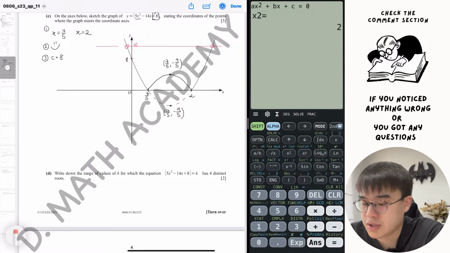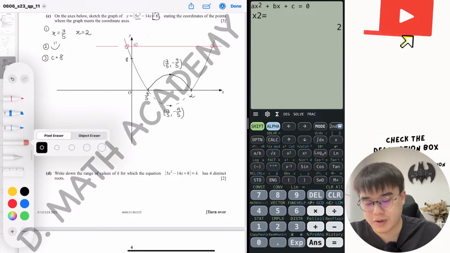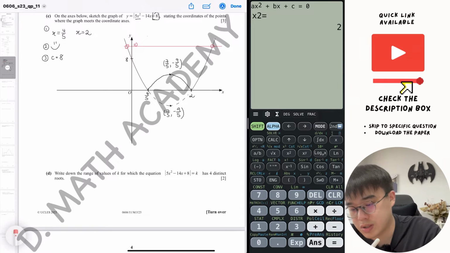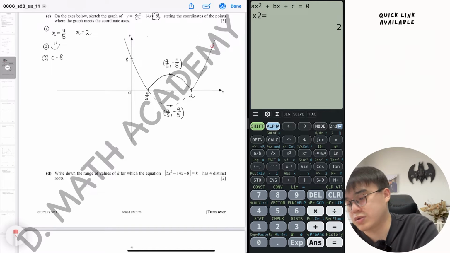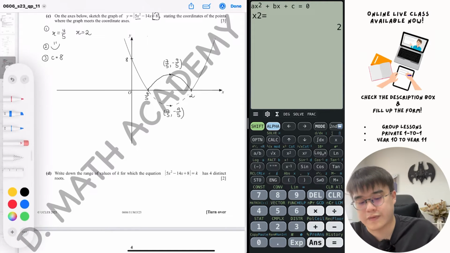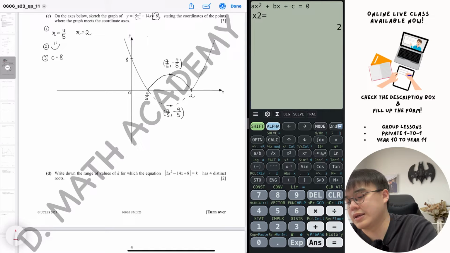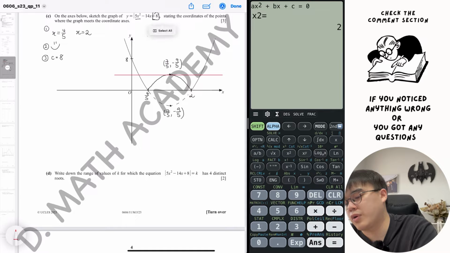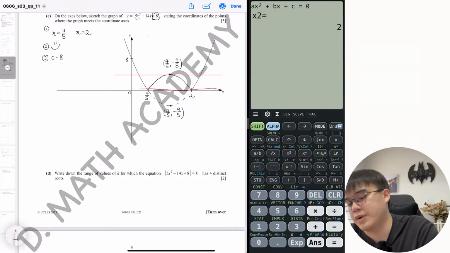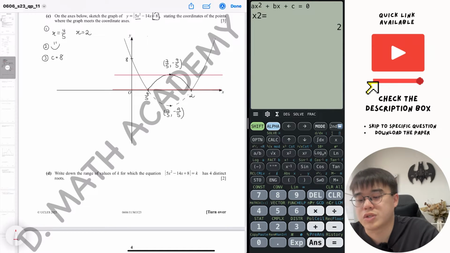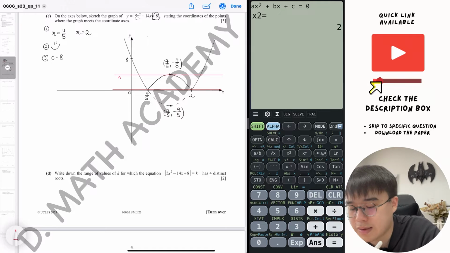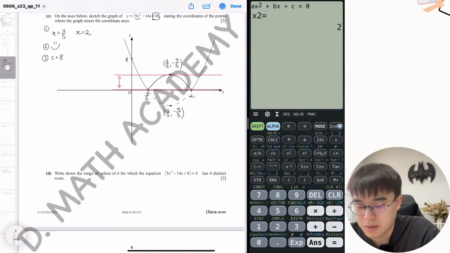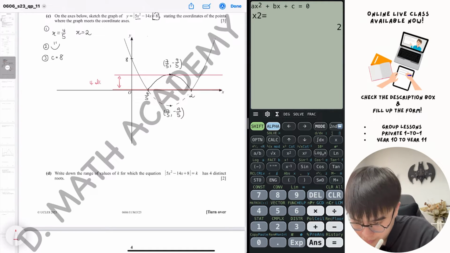So to fulfill the condition of 4 distinct roots, the answer is very likely landing right in between this, which is our turning point, and it must be above y equals 0. Okay, anything between here to here will have 4 distinct roots.